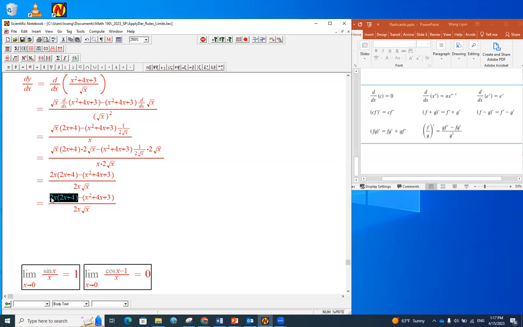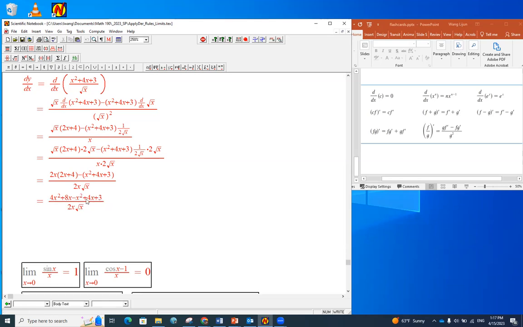Okay, so over here, you're going to distribute 2x. So you're going to get 4x squared plus 8x. Subtracting x squared, subtracting 4x. So we remove the parentheses. So this becomes subtraction. This becomes subtraction.